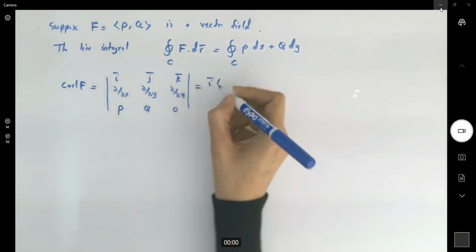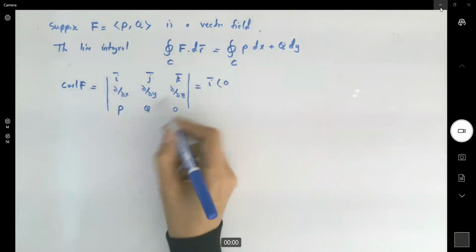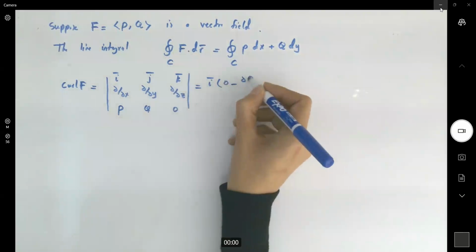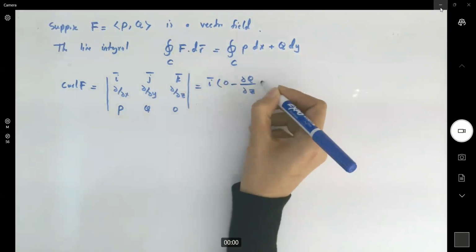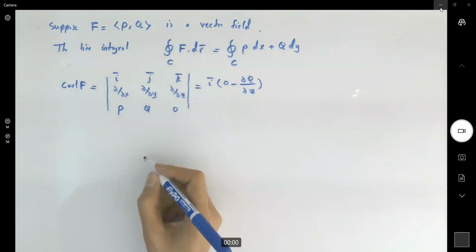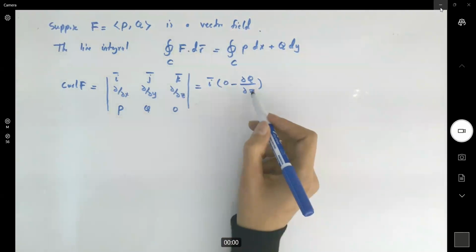So you have I with 0 and taking the partial derivative of Q with respect to Z. This guy is also 0.